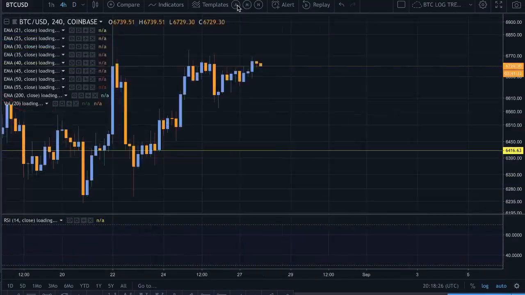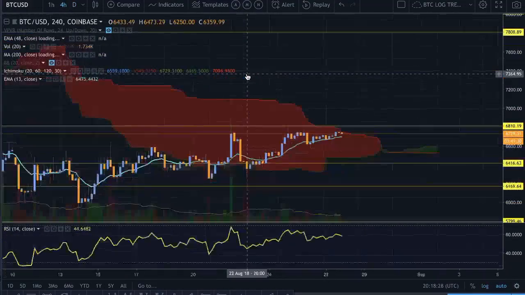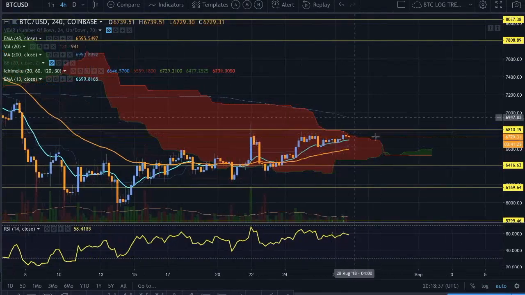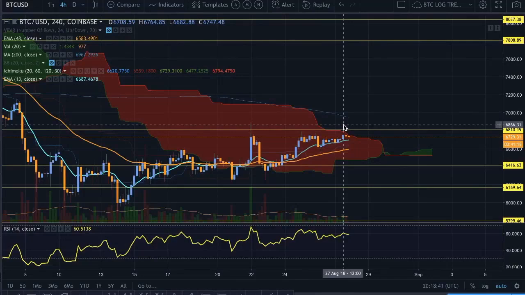Just the Ichimoku clouds, lastly, I want to touch on briefly. We're about to break out of this 4-hour Ichimoku cloud. This is one of the small reasons that I think we're going to rise above 6,800. The next candle is the UTC close candle. I believe we're in that candle, actually. Yeah, we are, my bad.